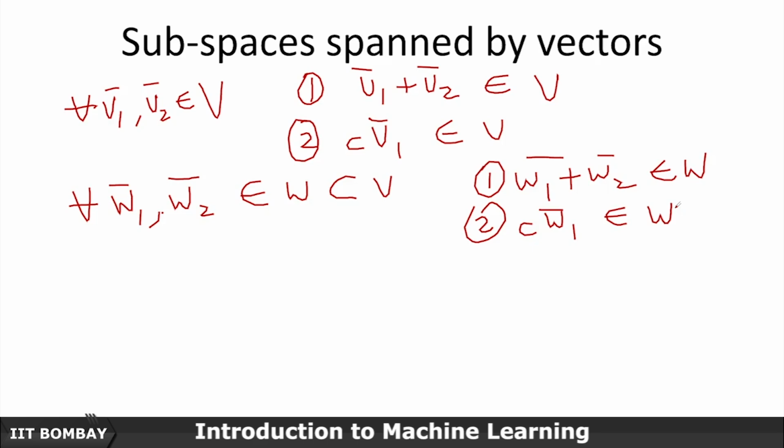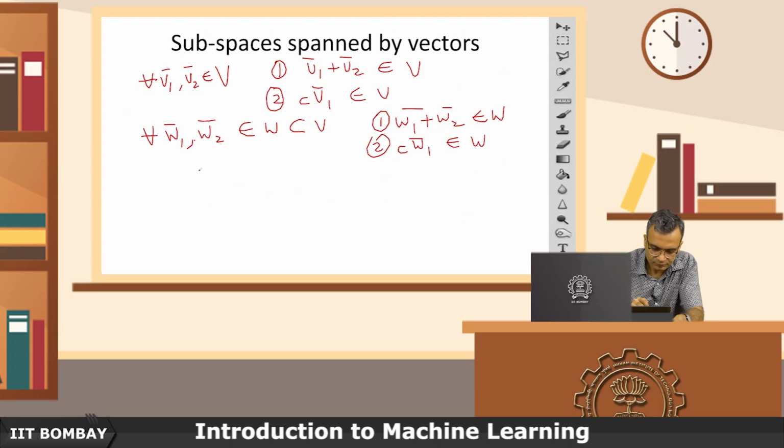An example of this would be that let us say we have a two dimensional vector space, and in this vector space any vector has components x and y. So let us say you have a vector V here which has Vx and Vy, but now if I take a line, let me change the color of the pen, that passes through the origin, and all the vectors that I have can only lie on this line.